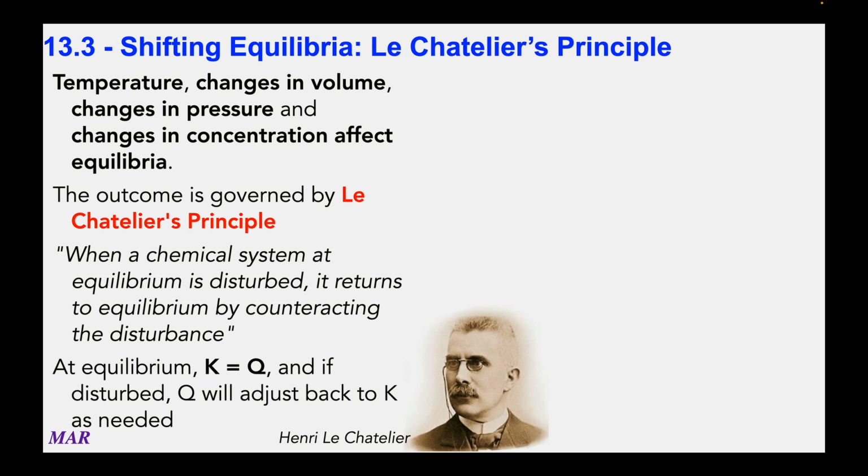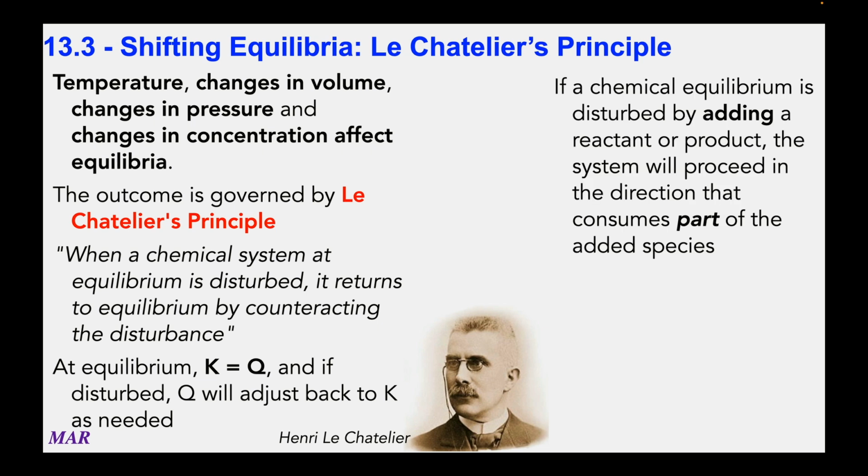But anyway, at equilibrium, Q and K are the same, and so if they're disturbed, the Q will just change back to the K as necessary, and I'll talk about that more in a little bit. A chemical equilibrium system can be disturbed by adding a reactant or product, and if you add a reactant or product, the reaction is going to shift to the other side of the reaction.